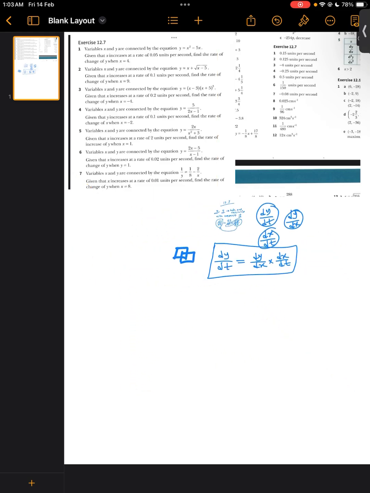I hope you guys know the formula. So let's start the maths. Number one question: variables x and y are connected by the equation y is equal to x squared minus 5x. First thing first, differentiate this. 2x minus 5.